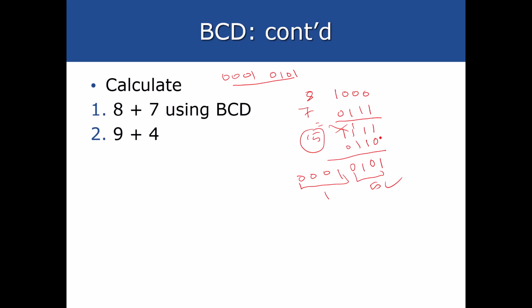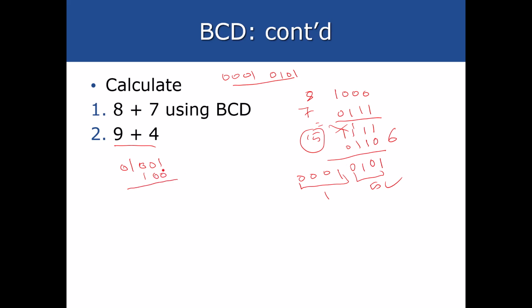I added 6 to it. Okay, let's do the same thing for this one here. So what is 9? 9 is 1, 0, 0, 1, and 4 is 0, 1, 0, 0.